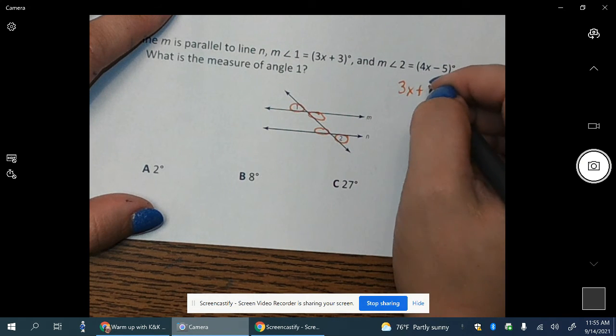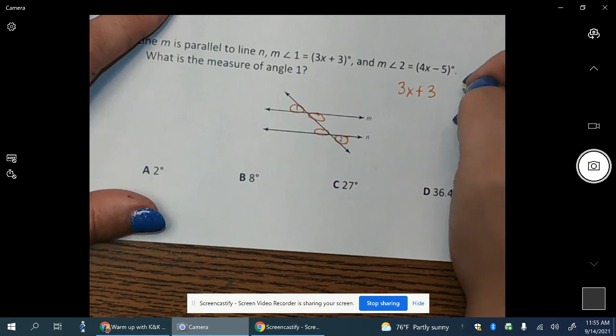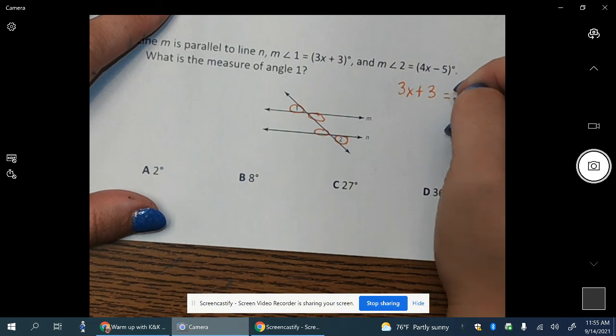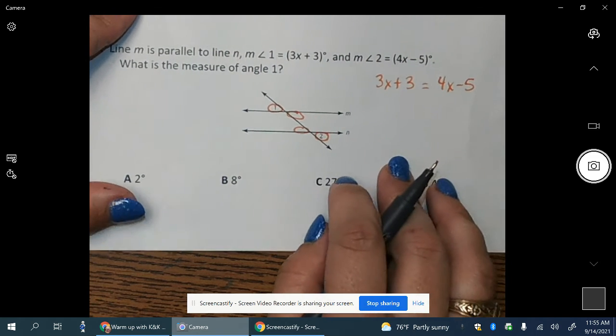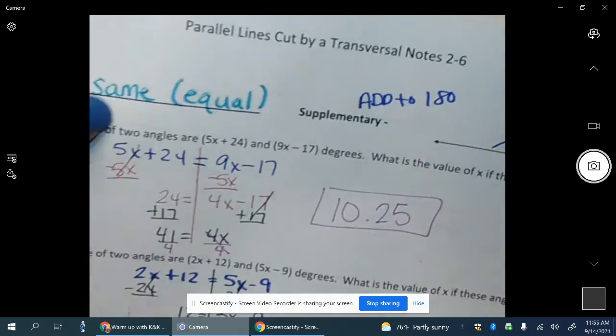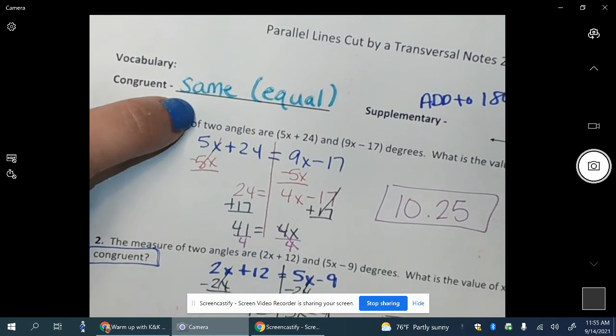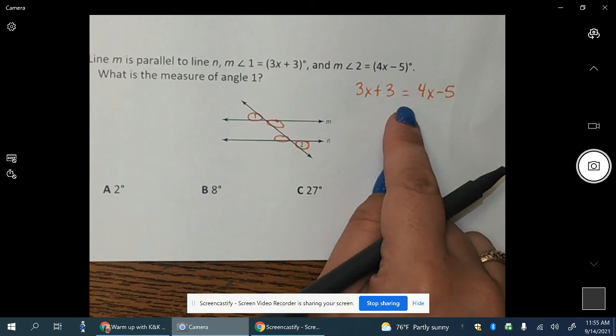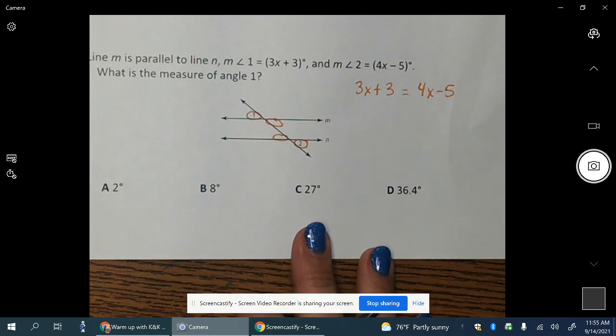Guys, what does congruent mean? Congruent means equal or the same. So if they're congruent, I put an equal sign between them. Okay? Take a moment to solve that. Oh, we're going to do algebra?